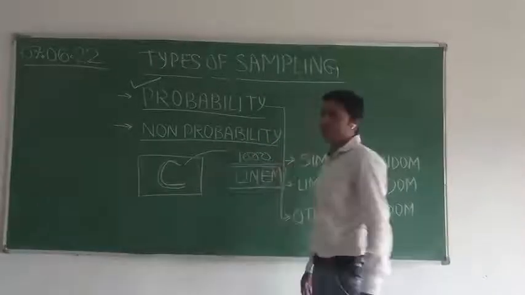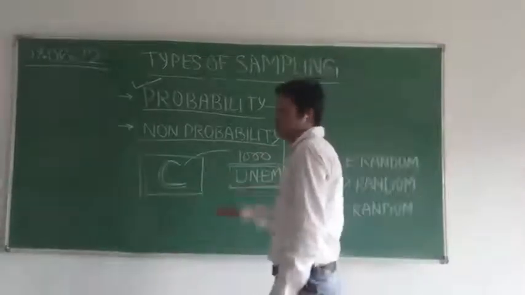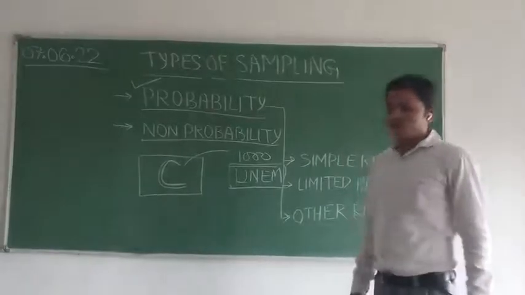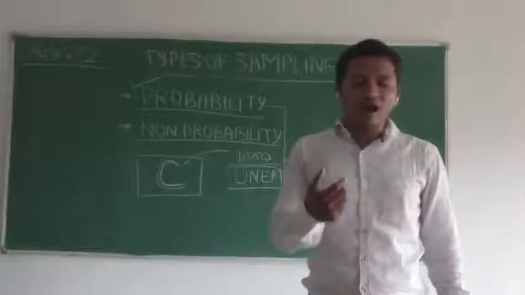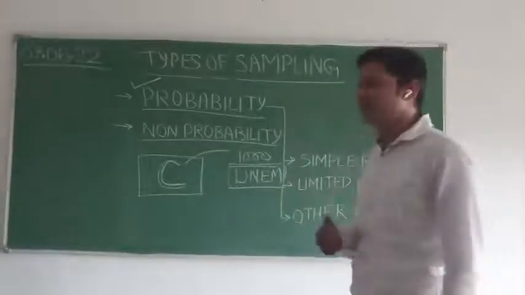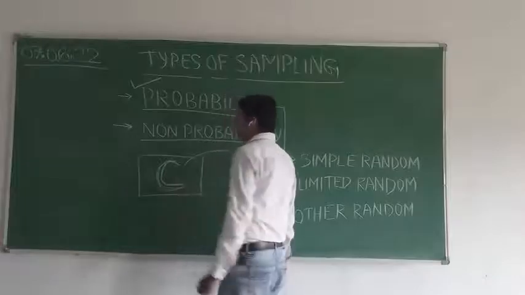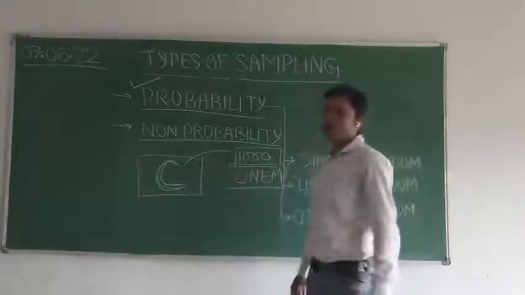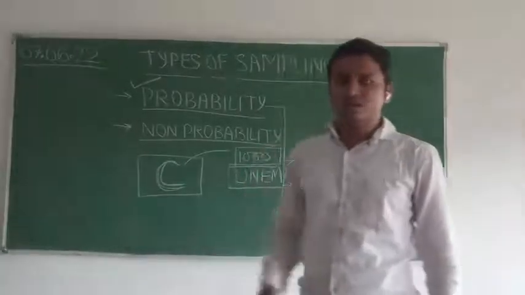So the number of unemployed people is 1,000. If we want to study the problem of unemployment in a particular community like C, then these 1,000 unemployed people will be our universe for this particular community.